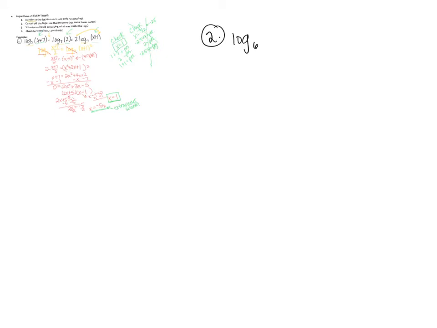log base 6 of 2x minus 3 plus log base 6 of x plus 5 equals log base 6 of 8x. All right, so now that I notice I have a log on each of my terms, what I need to do is I need to condense anything that I can.